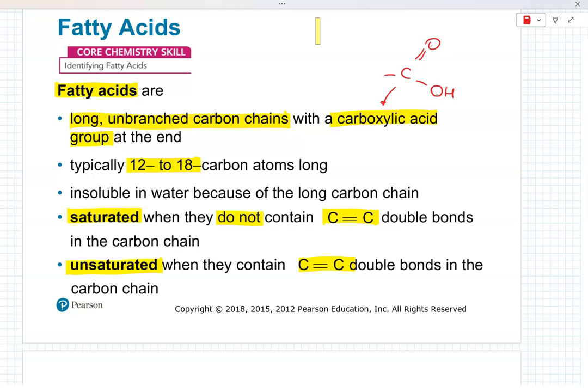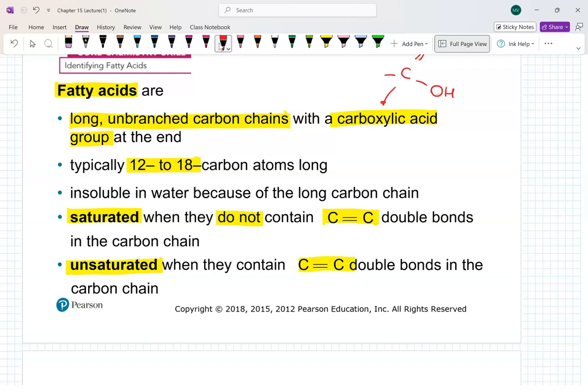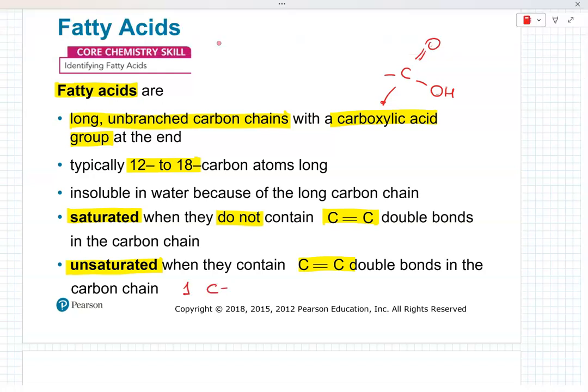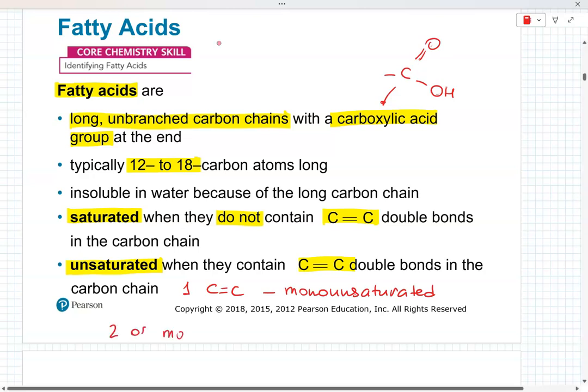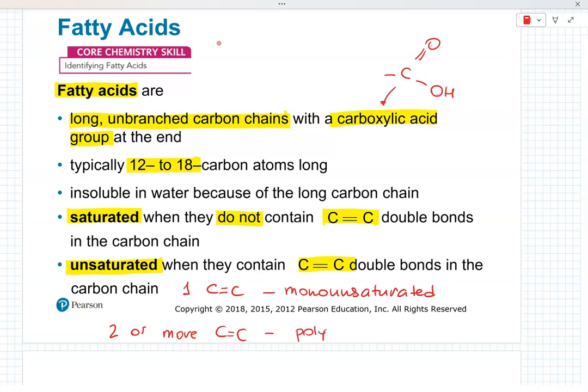Now, to expand on that term, if there is only one double bond, we call such fatty acids monounsaturated. If we have two or more double bonds, we call them polyunsaturated.